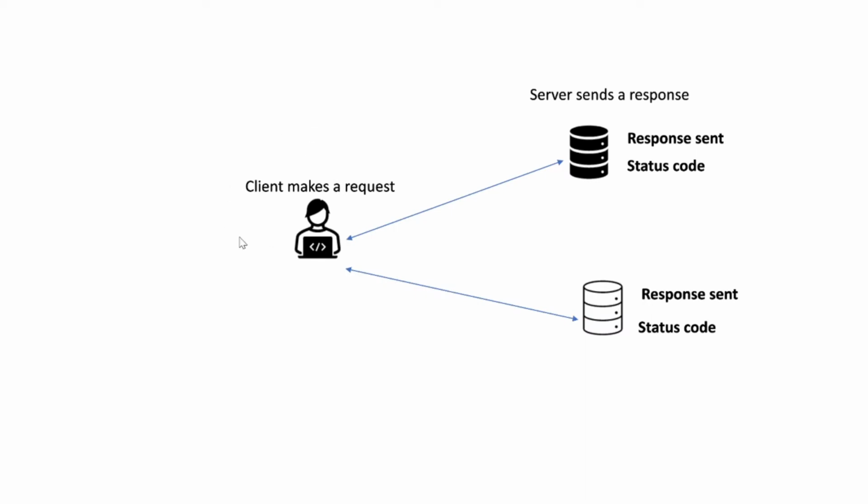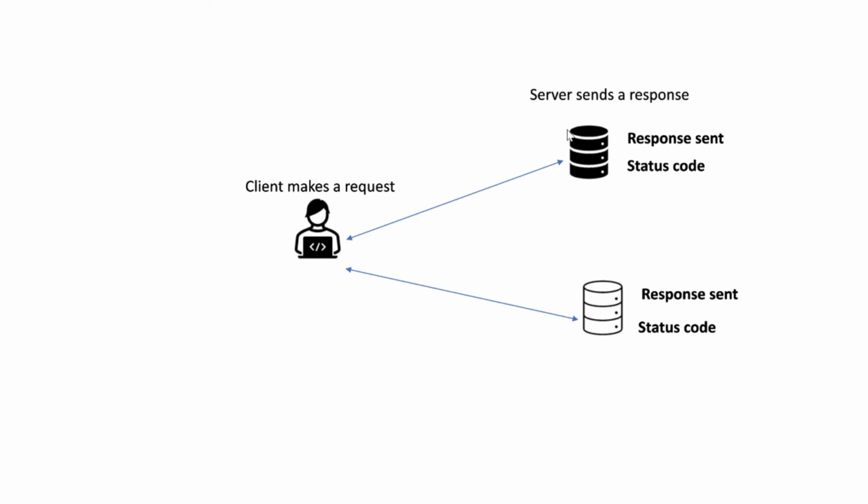First of all, what is a status code? In a scenario where you are the client making some API calls to a server, you will be sending a request to a specific server, and that server will send you back a response. It can be an expected or an unexpected response.